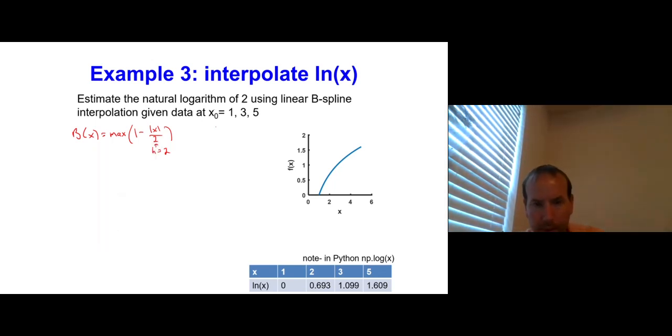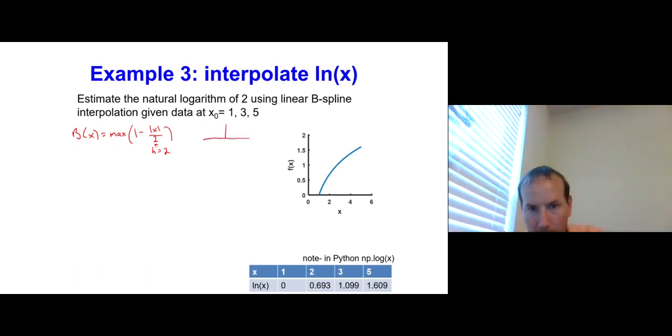Okay, and that means that the basis functions that we're dealing with look like this.